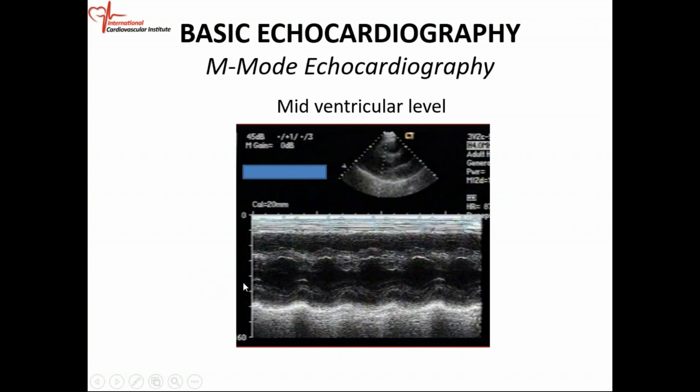Okay, and the same thing. The reason why it has this waving motion is because in diastole it moves away from the septum, and in systole it moves towards the septum. So that's your RV wall right there, RV cavity, ventricular septum, LV cavity, posterior wall, and that's your pericardium.